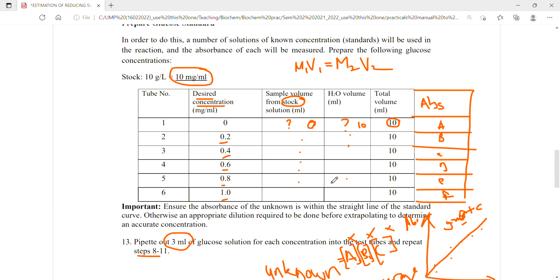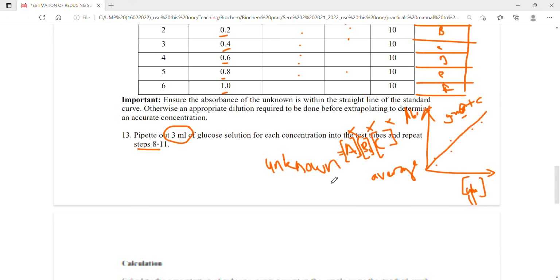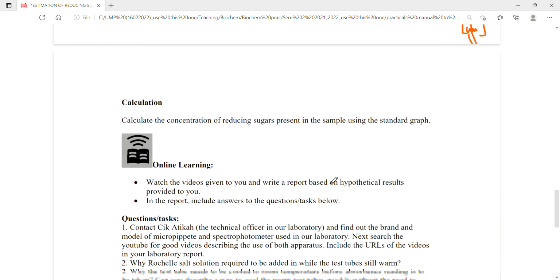Okay, so that's it in terms of conducting the experiment all online. I will try to make another presentation on the use of the spectrophotometer, Beer-Lambert's law, and others as well, for more understanding of this practical.